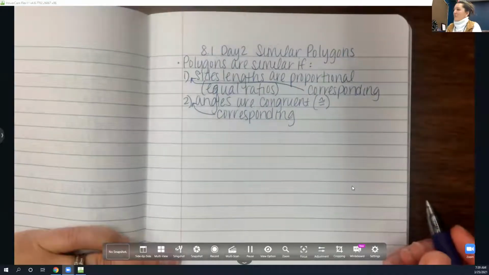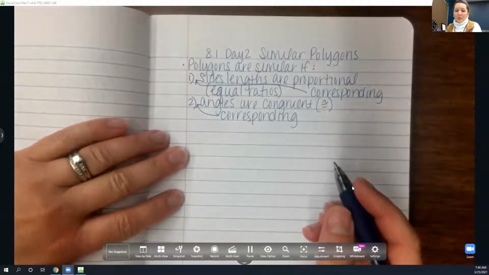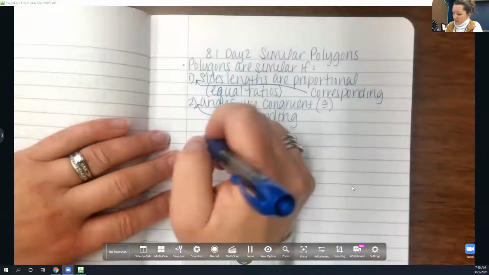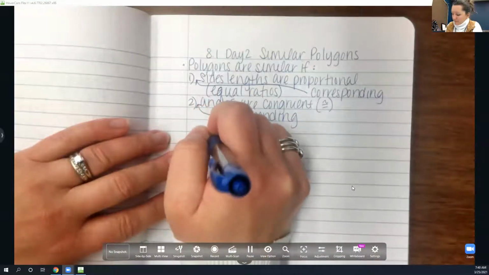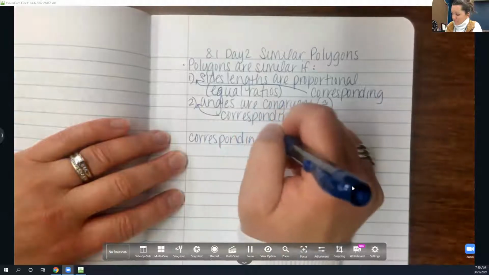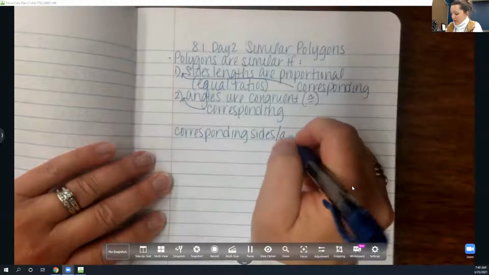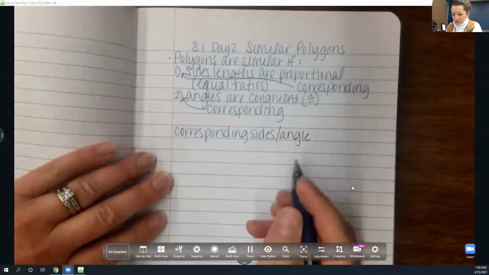Okay. So let's continue. We're talking about corresponding. So let's talk about what corresponding means. Corresponding sides go hand in hand and angles go hand in hand. So let's look at this.